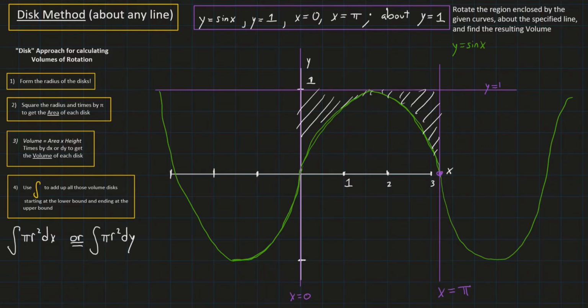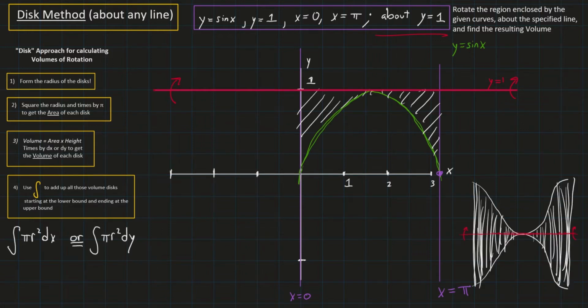Now what line do we have to rotate this region about? Well, not the x-axis, not the y-axis. Actually, that same y is equal to 1 line. If I imagine taking that area and rotating about that line so that it becomes a solid object, I'm going to get something that looks like this. A weird sideways hourglass looking thing.